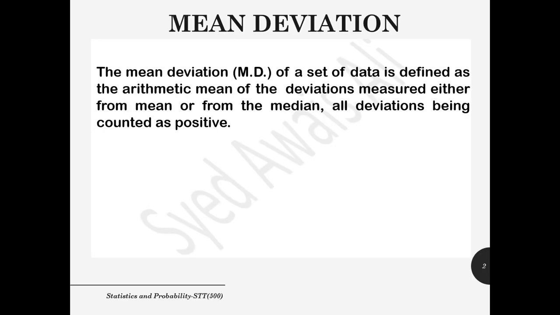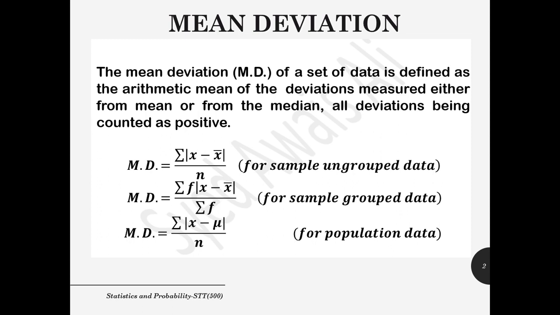So in today's definition, we are defining mean deviation as the arithmetic mean of the deviations. These are the formulas of mean deviation. First one is for ungrouped data, then grouped data, and then population data. Arithmetic mean is summation x divided by n.